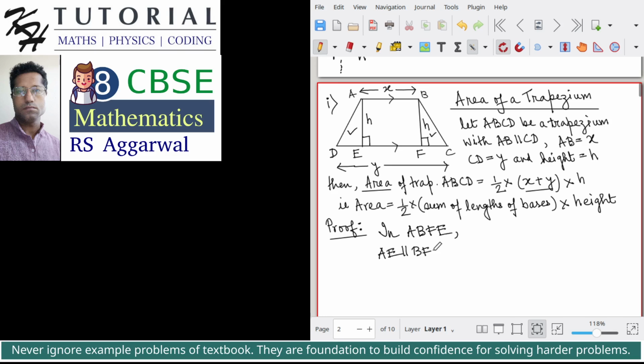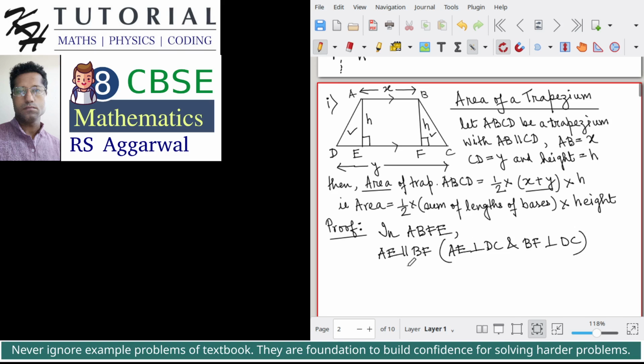Why? Because AE is perpendicular to DC and BF is also perpendicular to DC. If two lines are perpendicular to another line, then those two lines are parallel. So we have AE parallel to BF.